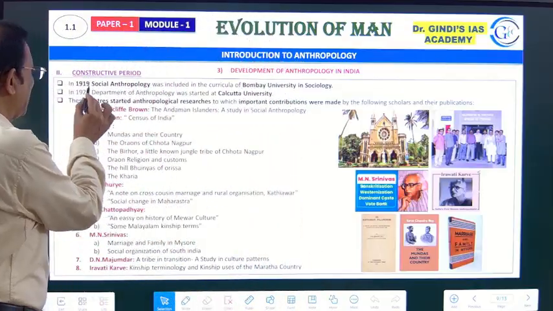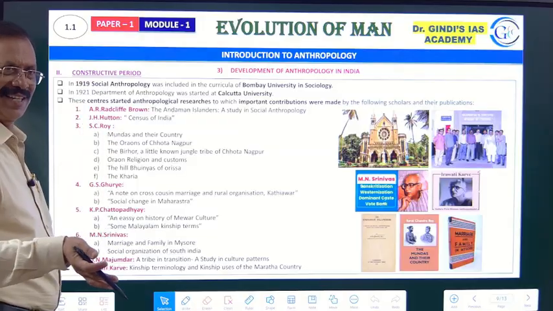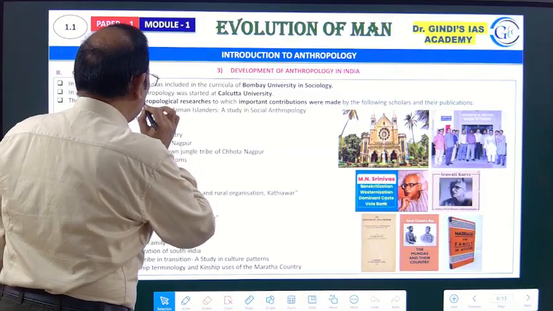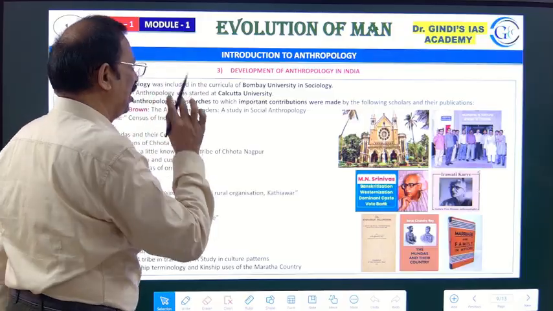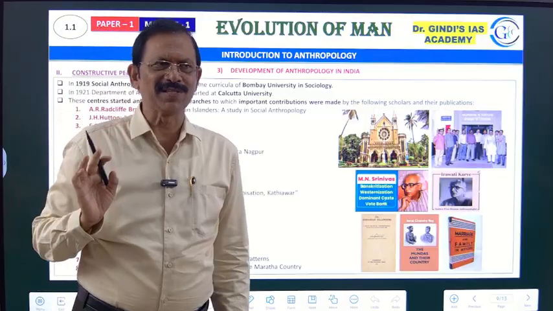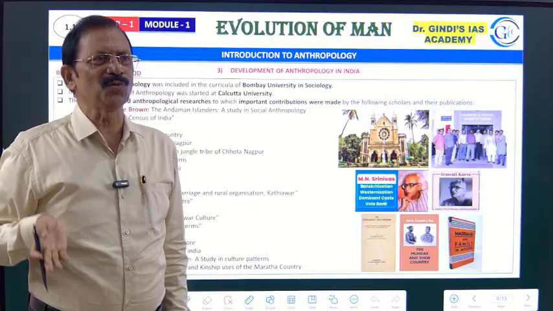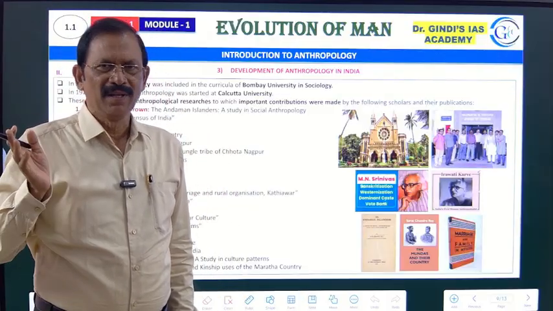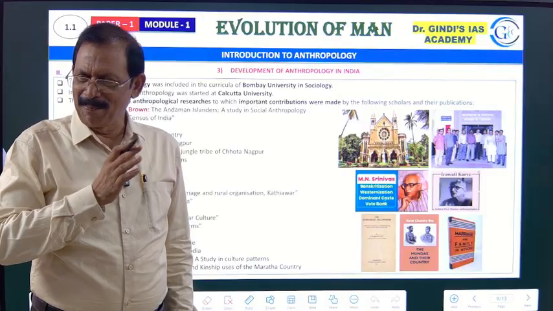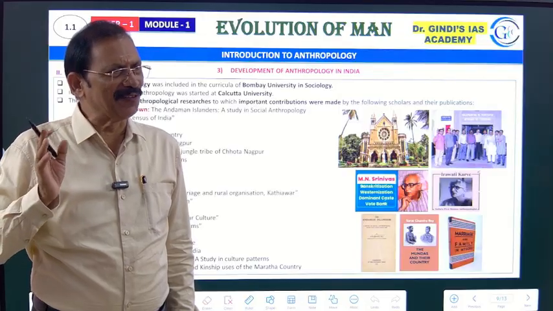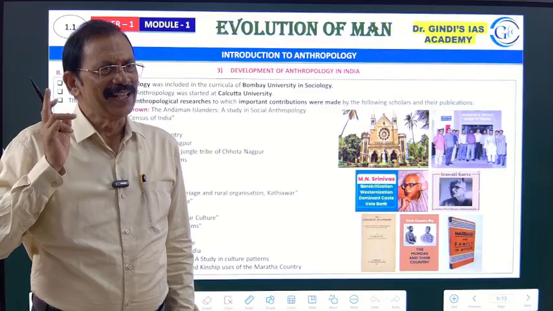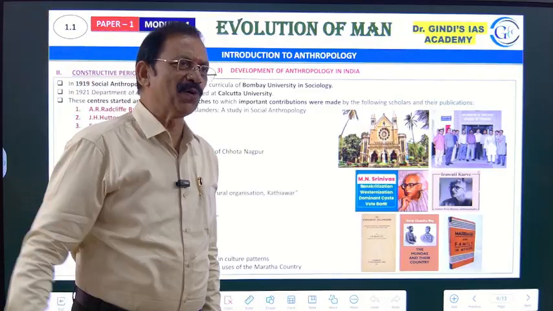Then in 1921, as we discussed, a separate department of anthropology was started in Kolkata University, at that time Calcutta University. So at that time, a separate department exclusively for anthropology was started in Calcutta University in 1921.